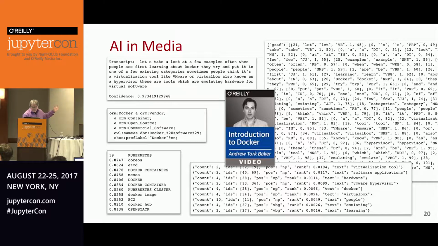And by using vector embedding, deep learning, we're able to expand that and see, well, as it turns out, machine learning tells us that Docker and Docker container tend to be associated with things like CoreOS and Kubernetes and Mesos and OpenStack, sort of in that realm of DevOps, the devil you know. So these are ways that machine learning can be used with learning content in media.